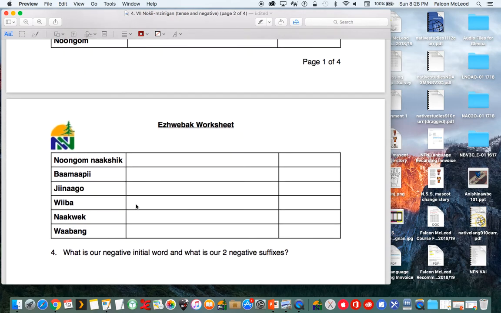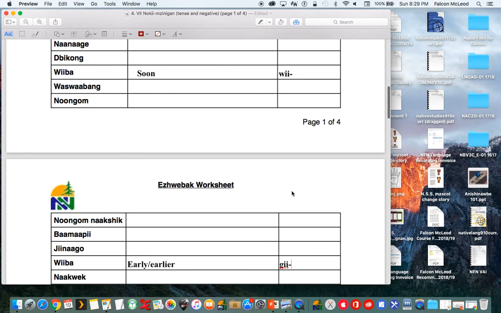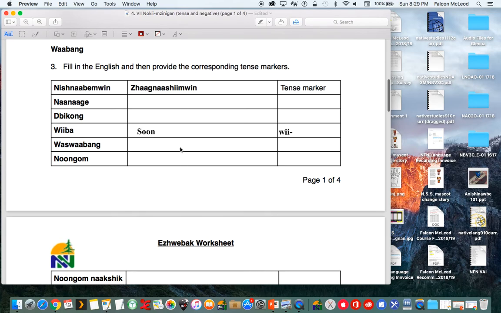And so our other weeba here is for the other meaning, early or earlier. And so if it happened earlier, it already happened. So that means it's in the past. All right? So put in our past tense marker gi. So translate each of these words, write in their translations in the space provided here, and then write in whatever tense marker goes along with these words here.